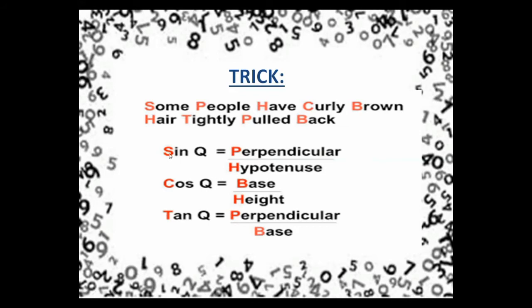So it is like some people have curly brown hair tightly pulled back. Sine theta is equal to perpendicular upon hypotenuse, cos theta is equal to base upon hypotenuse, tangent theta is perpendicular upon base. This is the trick by which you can learn these things easily.